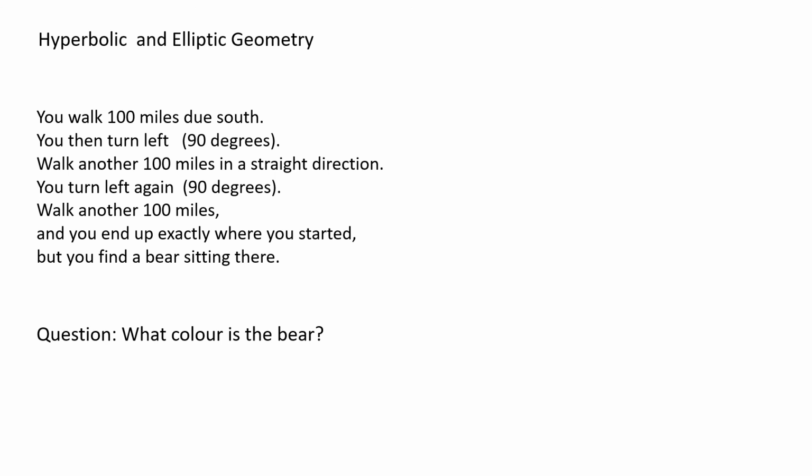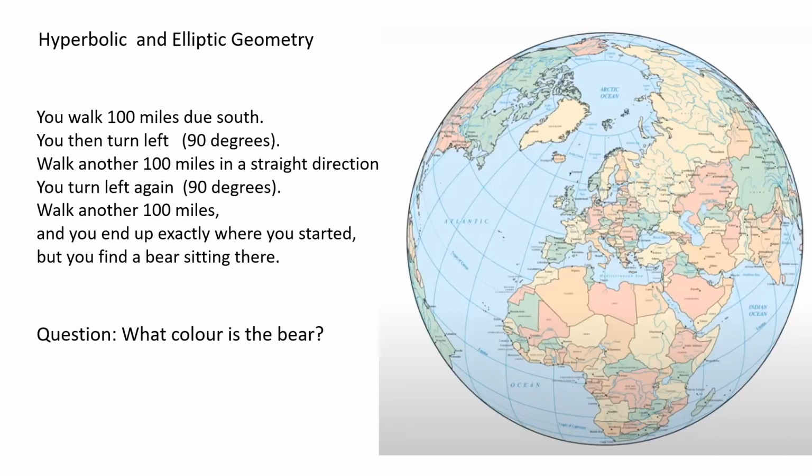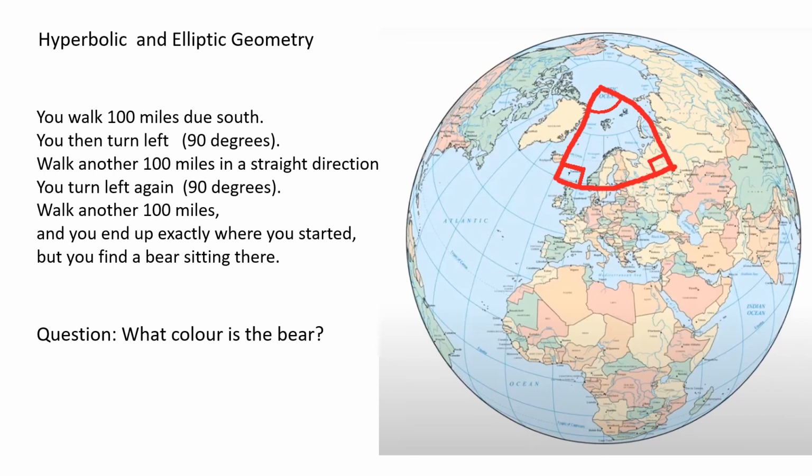Well, the only way this could be, given that you started off due south, was if you started on the North Pole. So you start on the North Pole, 100 miles south, turn left, 100 miles, turn left again, another 100 miles. And you see the interior angles of this triangle on the curved surface of the Earth, because we've got two right angles already, whatever this angle is, add on to 180, means that your triangle has interior angles summing more than 180 degrees.